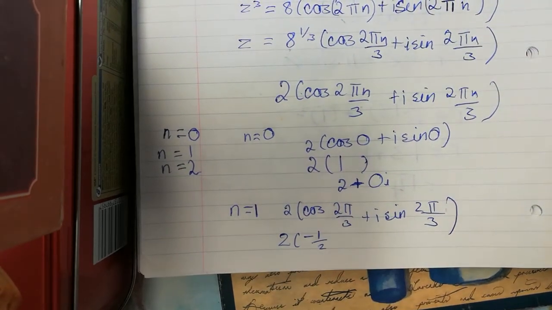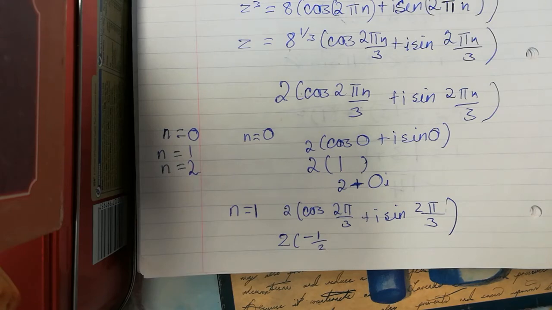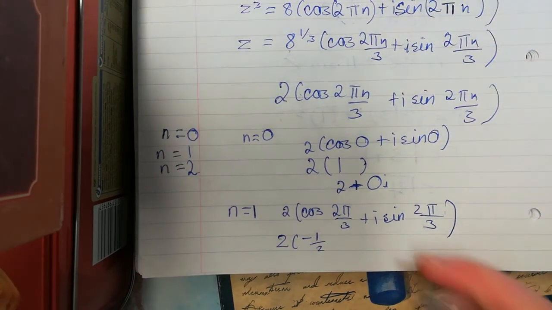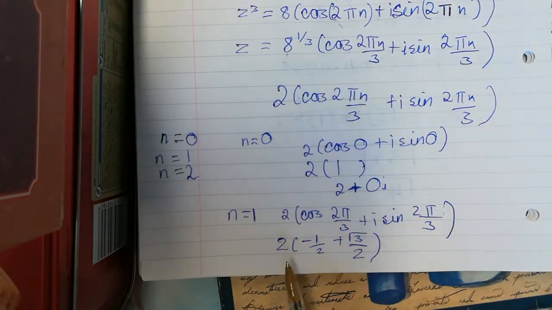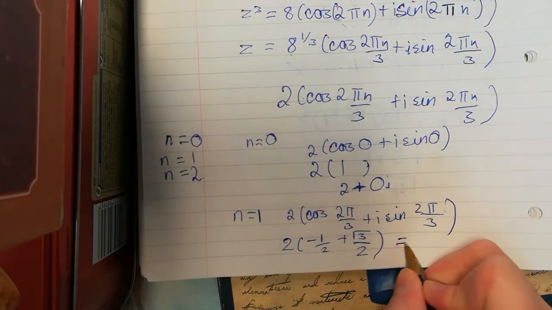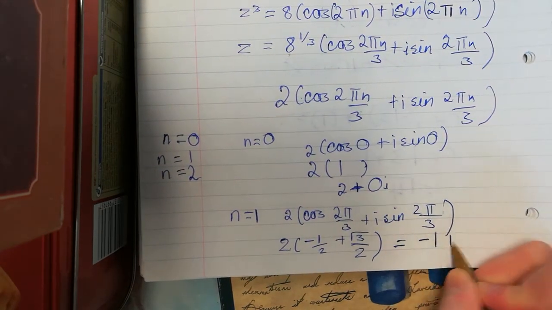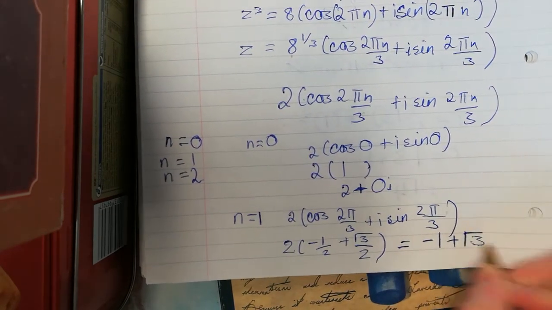And then sin 2 pi over 3 is plus root 3 over 2. If I multiply those by 2, I'll get minus 1 plus root 3i.